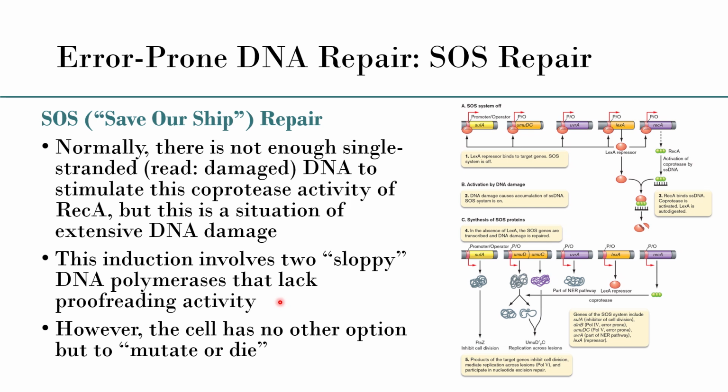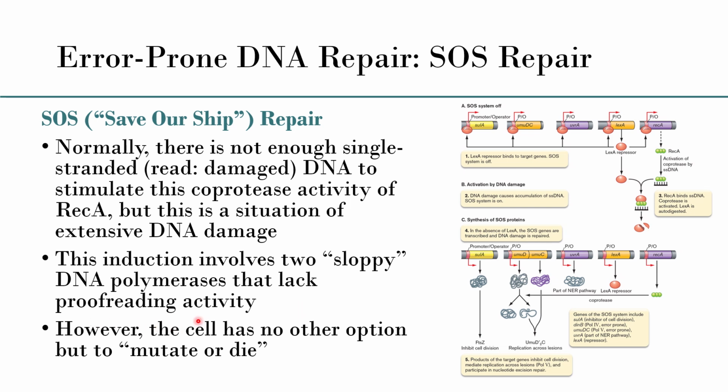But if everything is falling apart and your star players aren't able to get the job done, then what can it hurt? We're already losing the game by 100 points. Let's just put in the bench too. So in this case, these sloppy polymerases come in and they will start to fix all of these multiple errors in our DNA.